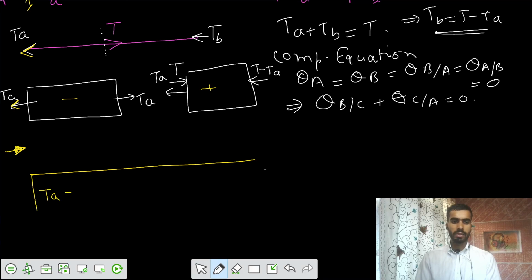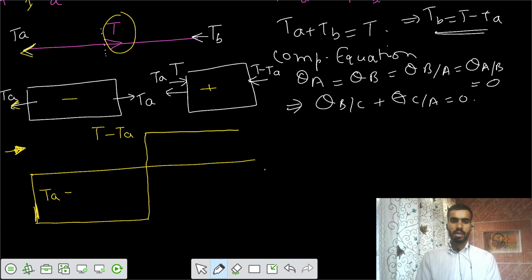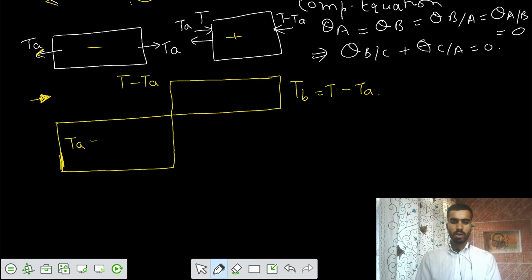Then after that, straight, and you are now facing a T in the same direction, so you have to increase it by some value such that it becomes equal to T minus TA. Then after that, it's constant. After that, you are facing TB in the opposite direction, so it goes down by the amount of TB, that finally equals T minus TA. So you got the TMD.